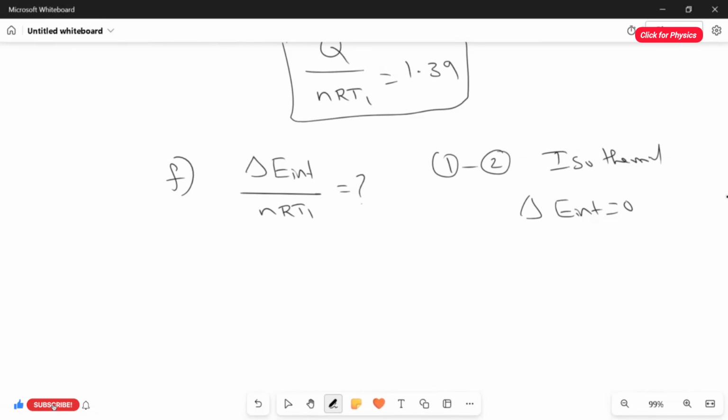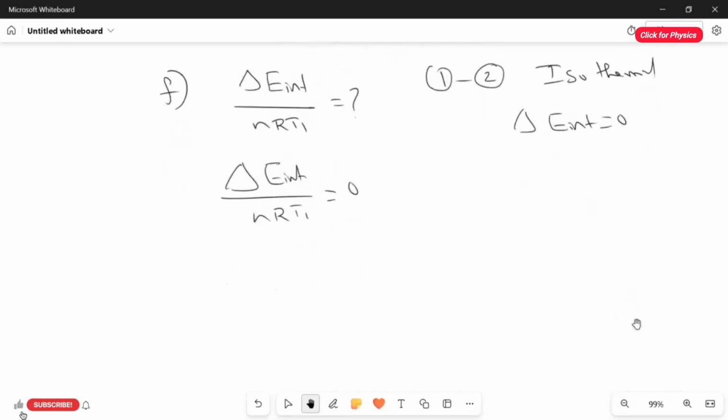If your change in internal energy is 0, then change in internal energy over N R T1 is equal to 0, right? Because in isothermal the internal energy change is 0. So the answer for part F is equal to 0, right?